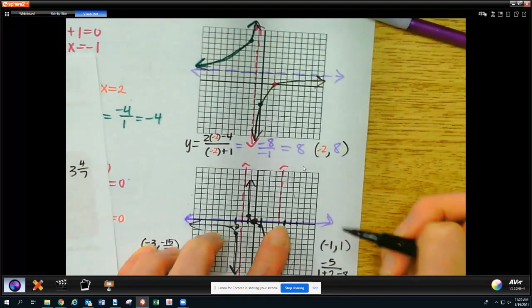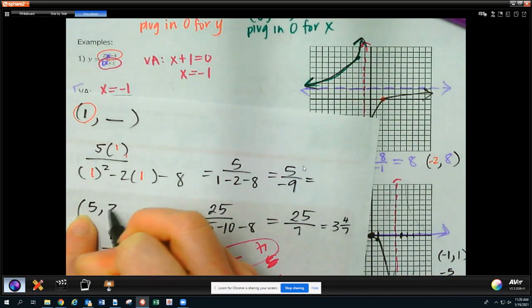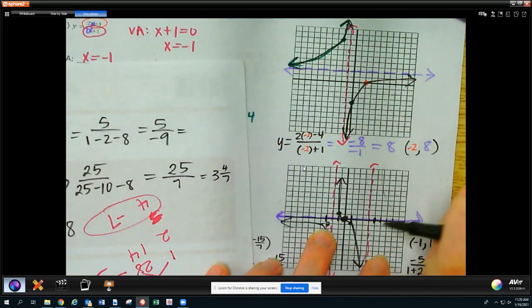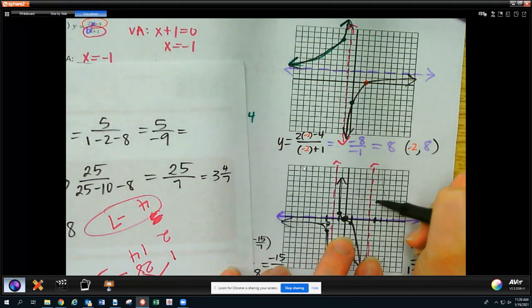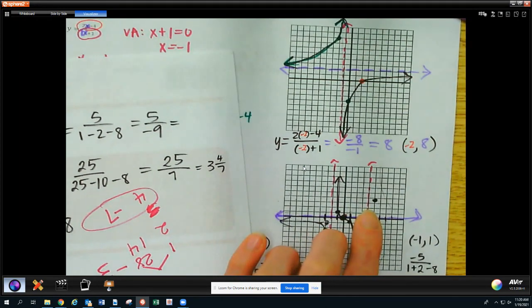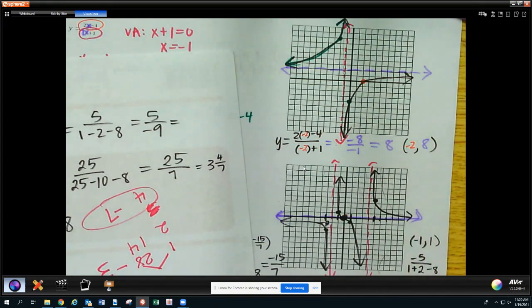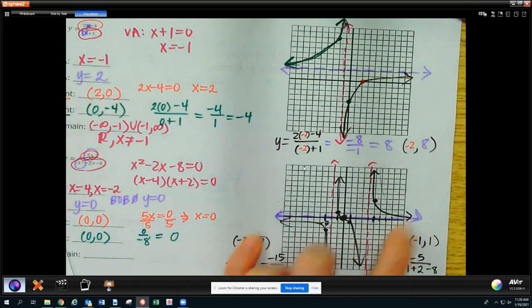And so here at 5, we have 3 4/7. So 1, 2, 3, just plot it before the 4. And so it has to follow this asymptote and it has to follow this asymptote. So there's my 3 branches.